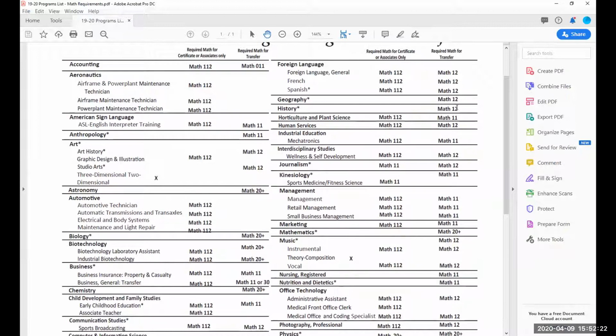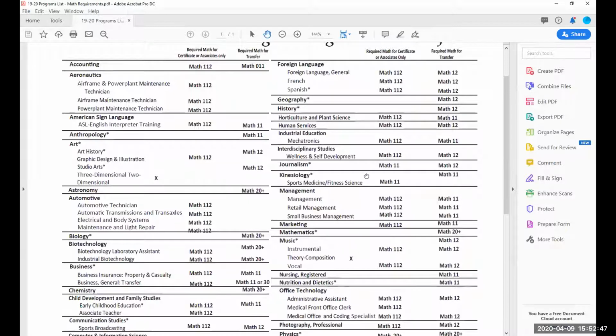Again, for some of these majors, there might be extra math that you would need to take once you transferred, but while at Solano, you could quickly go through and find out if I just wanted to get a certificate or if I wanted to get an associate's only and not transfer, this would be the math for each of the programs. If I wanted to transfer on, it might be slightly different because of the transfer requirements, and so this is what I would look at.